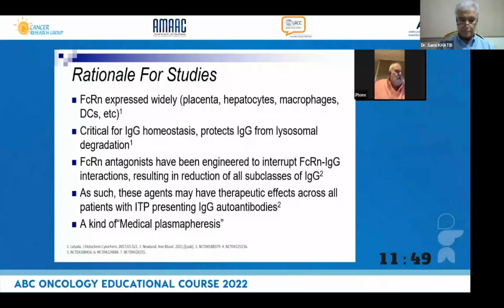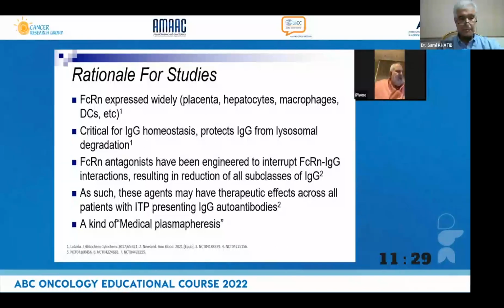So what was the rationale for these studies? We know that FcRn is expressed widely in placenta, hepatocytes, macrophages, and others. It's critical for IgG homeostasis, as was said. It protects the IgG from lysosomal degradation.